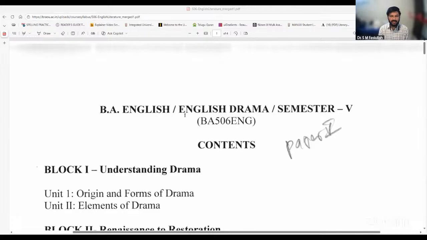So this block, that is understanding drama, has 2 units, and each unit is trying to give us a brief yet necessary background of the overall course and one genre, that is drama, with respect to British or English.